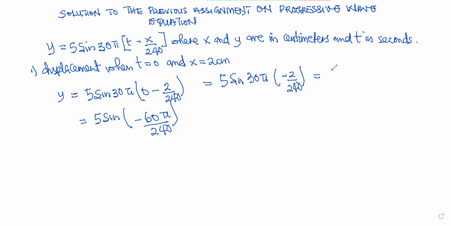Multiplying 2 by 30π outside the bracket, we have negative 60π on 240.